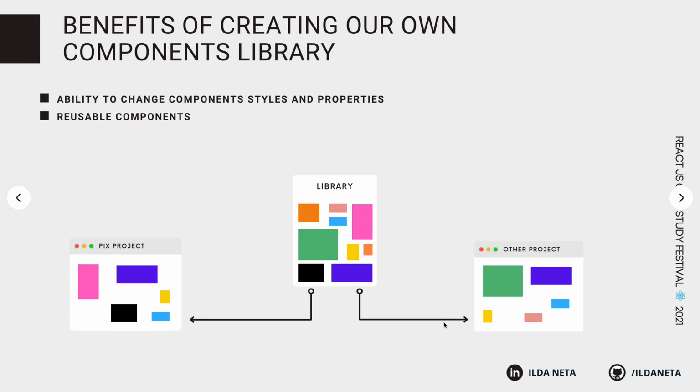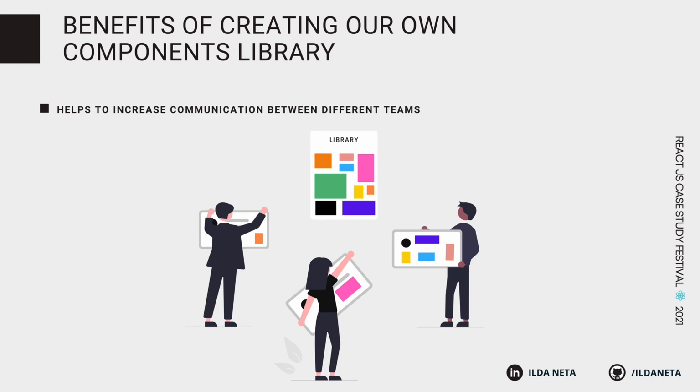This feature helps us to maintain visual consistency, as the library becomes our only source of truth. Another advantage is that it prevents us from building duplicate components. Finally, another benefit we learned is that the creation of our components library helps us to increase communication between different teams.